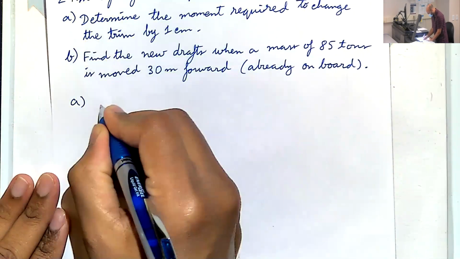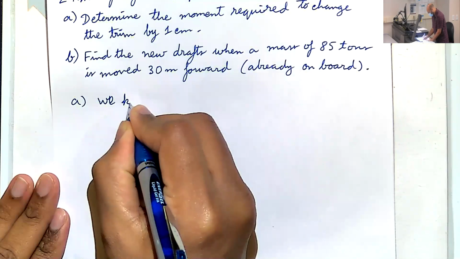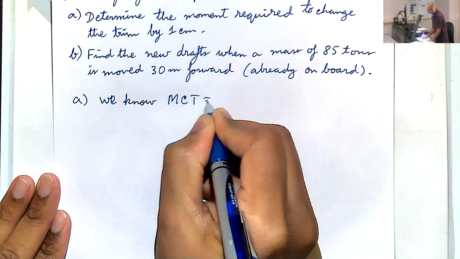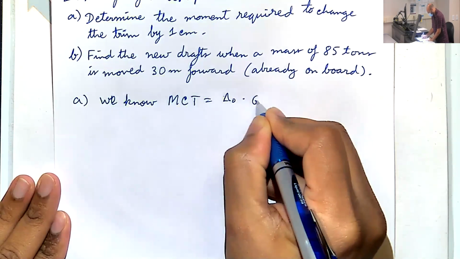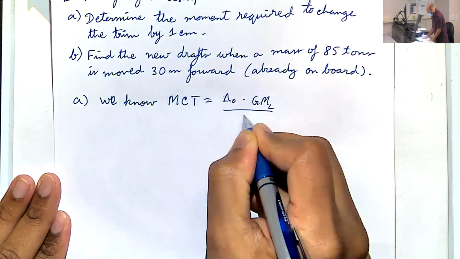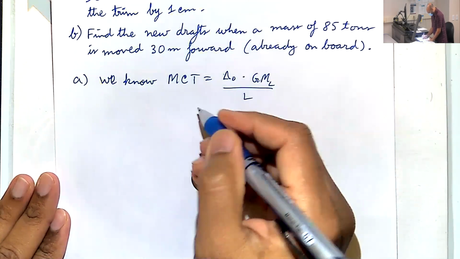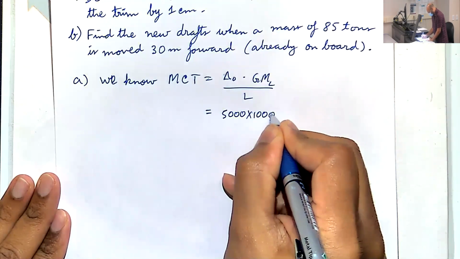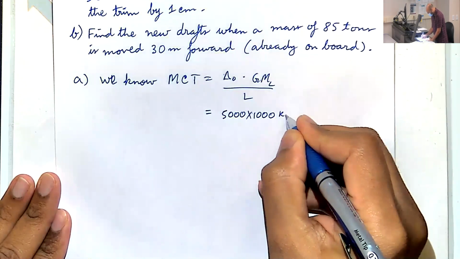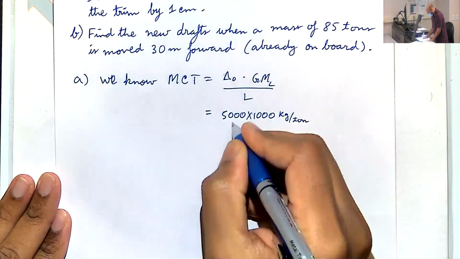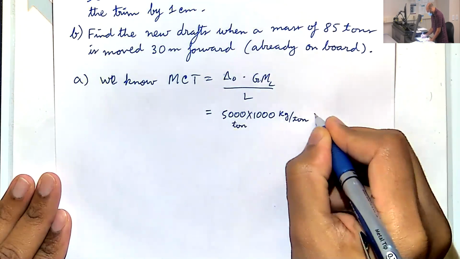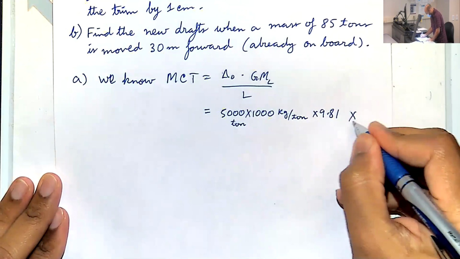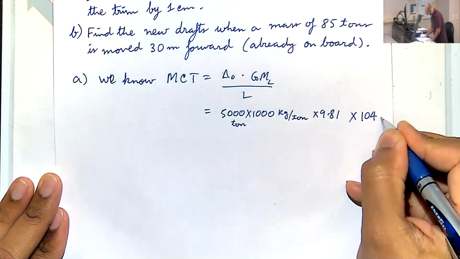So we know MCT is delta 0 times GML divided by L. All right, delta 0 is 5,000 ton. So 5,000 times 1,000 kg per ton, times 9.81 is delta 0. What is GM? GM is 104 meter.